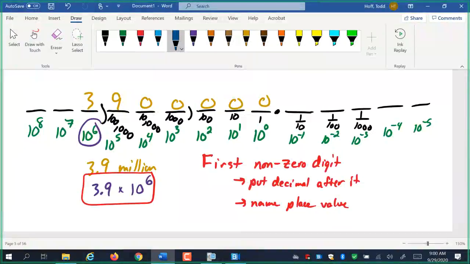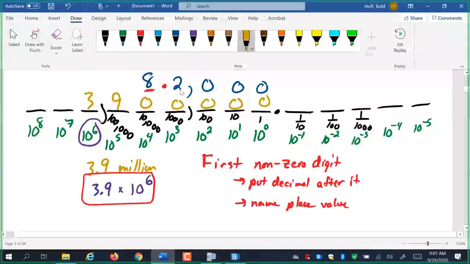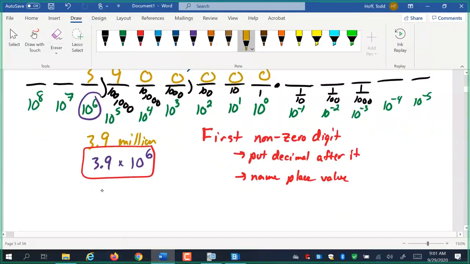So if I have 82,000, my first non-zero digit is the 8. The decimal is going to go after it, and I name its place value. So in scientific notation, that would be 8.2, and the 8 is in the 10 to the 4th. That's 8.2 times 10 to the 4th.